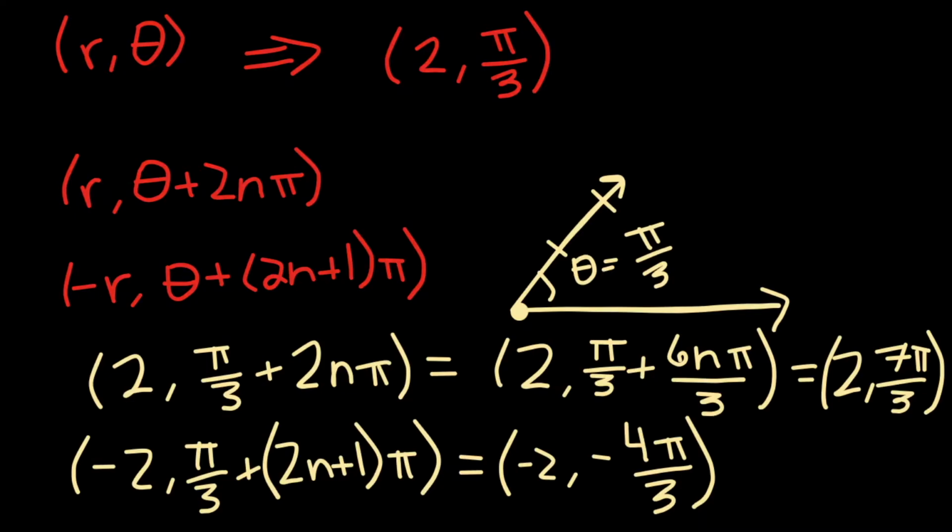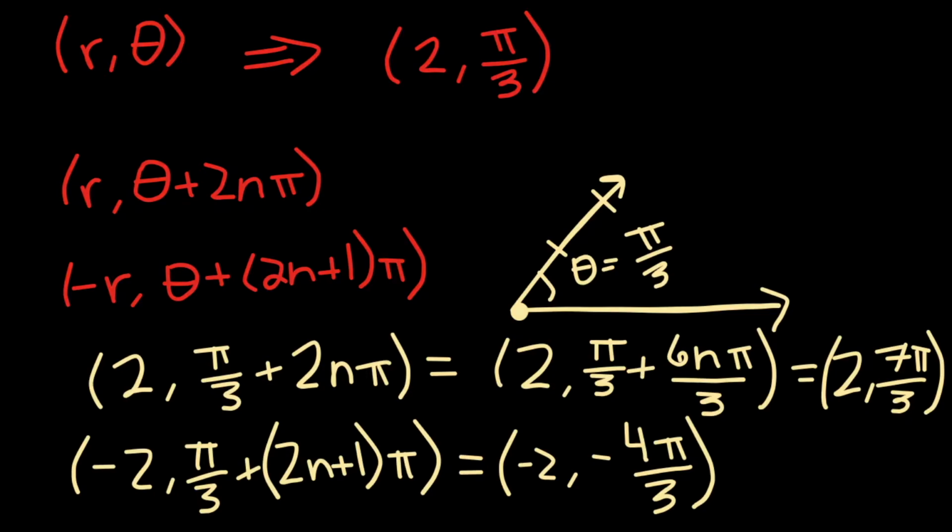This whole process is the same thing as adding 360 to the degree measure of theta, which is 60. So 7 pi over 3 is the same thing as 420 degrees, which is what you get if you convert. And the reason why negative 2, 4 pi over 3 is the same thing as the original problem is because we added the equivalent of 180 to 60 degrees, which would be a rotation, moving the ray from the first to the third quadrant.